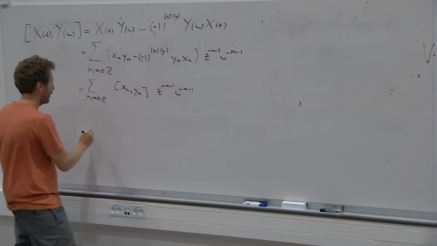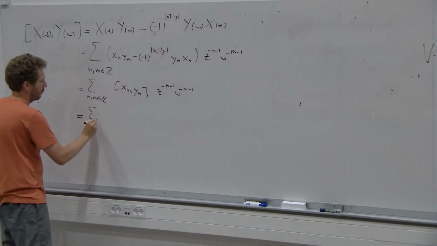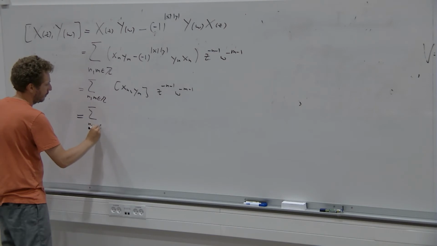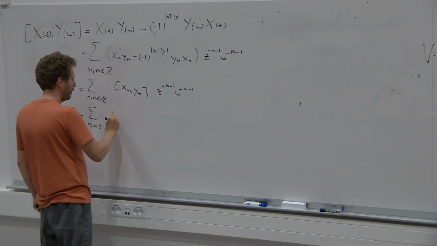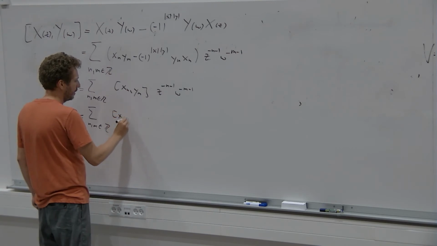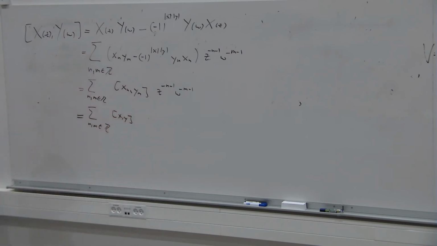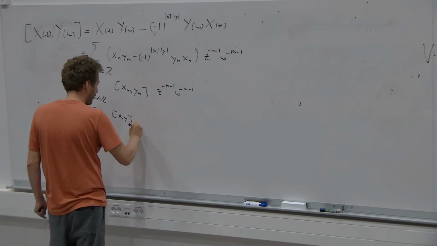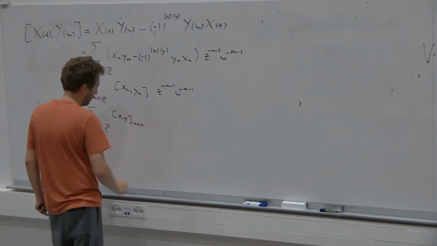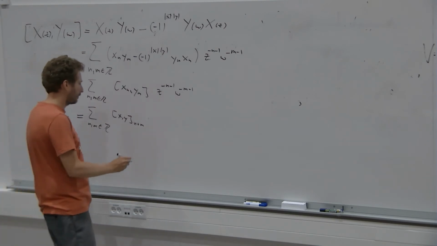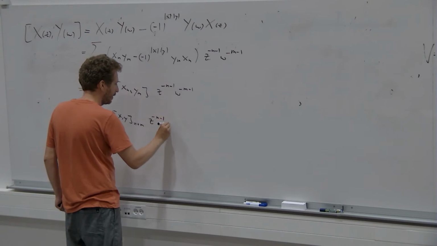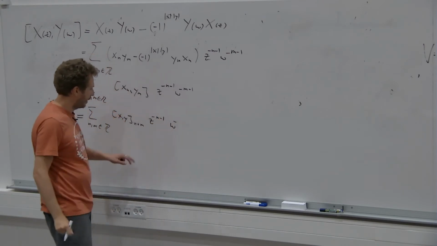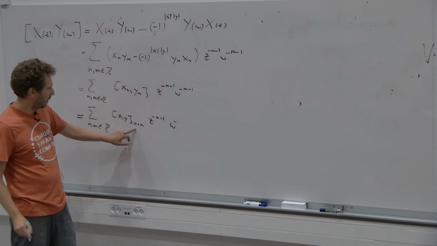And now we can insert the formula that I wrote down for the commutation relation of two elements of the affine Lie algebra. What was it? We get here the element of the Lie algebra corresponding to the commutator of x and y, and the mode index becomes additive. And now I would like to have here the same exponent.